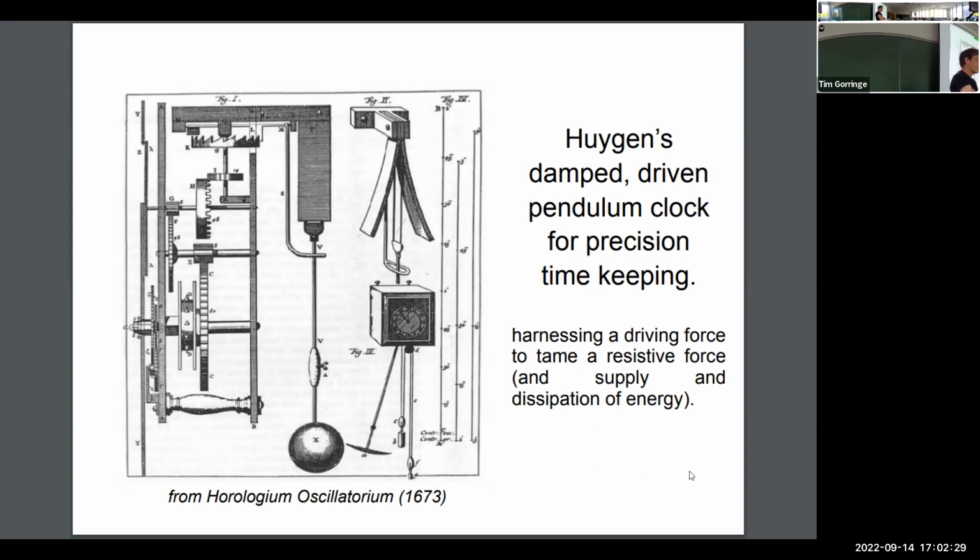Huygens is famous for inventing the first kind of accurate mechanical clock. Up to then they were using pendulums and things like that, but they were probably accurate to about an hour per day or something like that. But he developed one in which the driving force supplies the energy that the damping force is dissipating, and produces precision timekeeping.